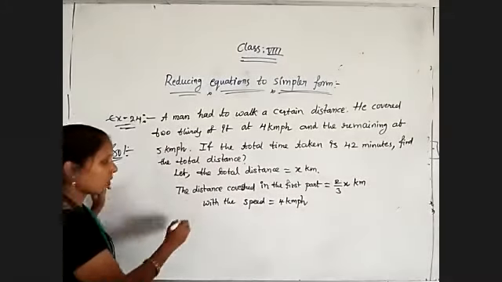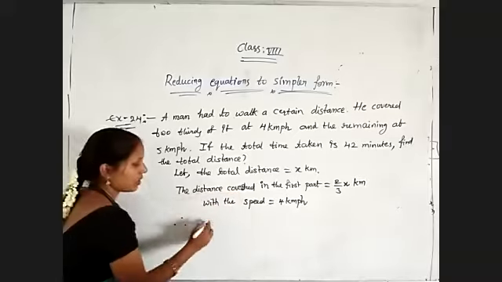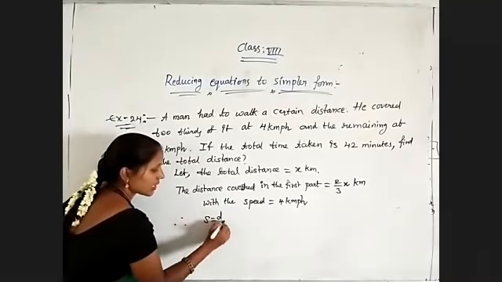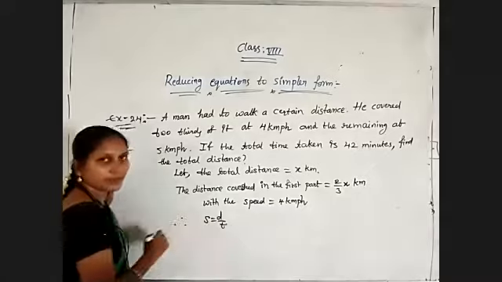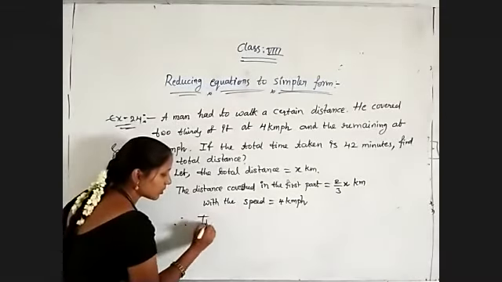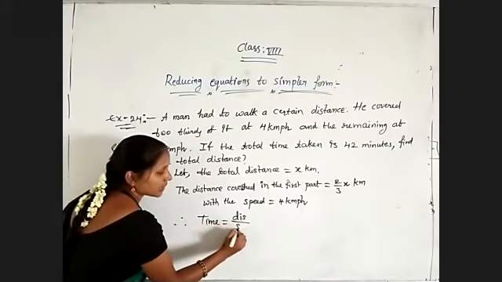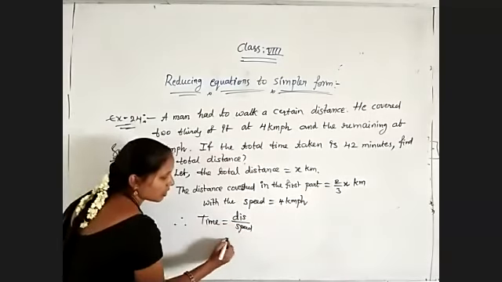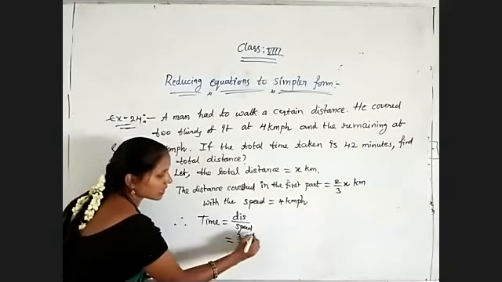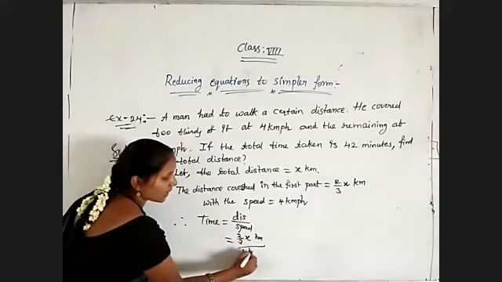Now here they have given speed and distance. So we have speed is equal to distance by time, otherwise time is equal to distance by speed. How much distance did he cover? 2/3 of x kilometers, with how much speed? 4 kilometers per hour.